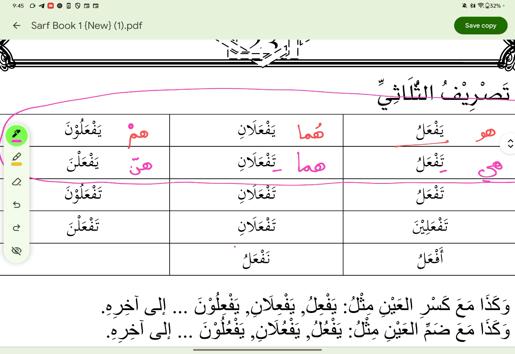Bismillah. Huwa yaktubu. Huwa yaktubani. Huma yaktubani. Hum yaktubuna.